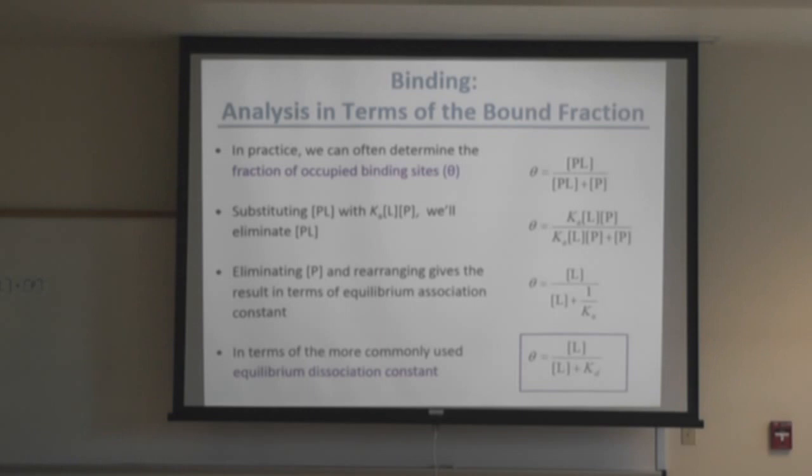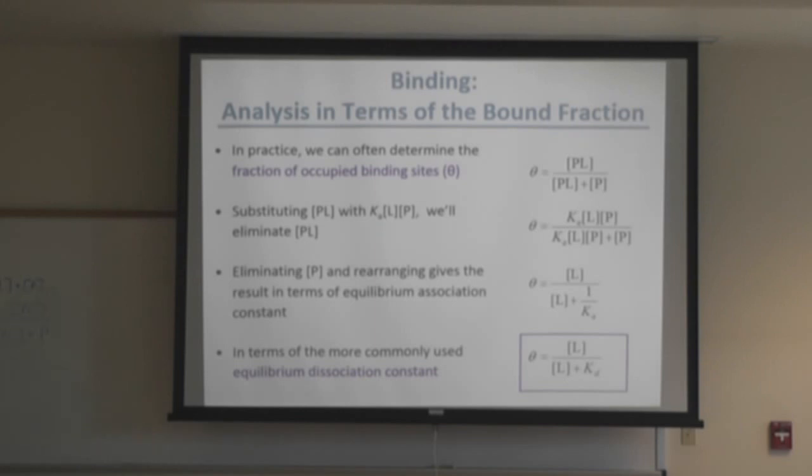So if you want to know the fraction that's bound, and they give it a little theta, oh, Greek letters. So theta equals bound protein divided by total protein, which is going to be equal to, again that little figure, right?